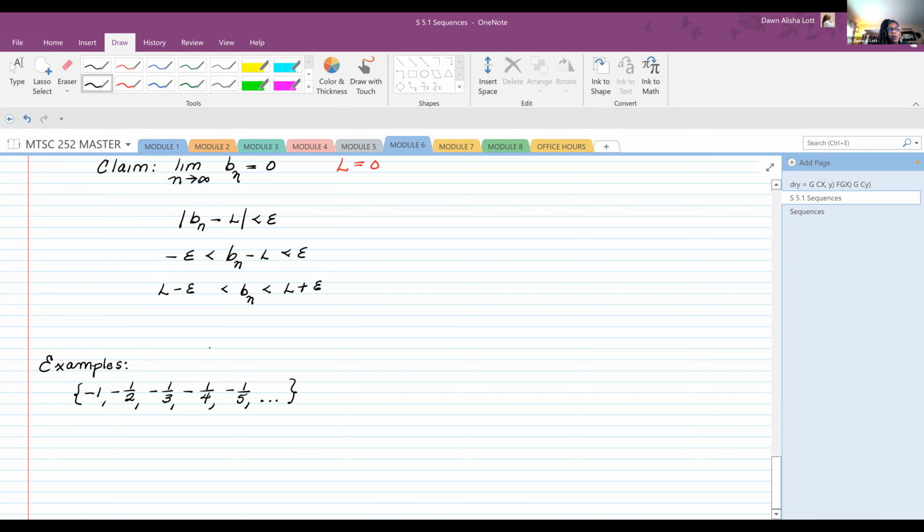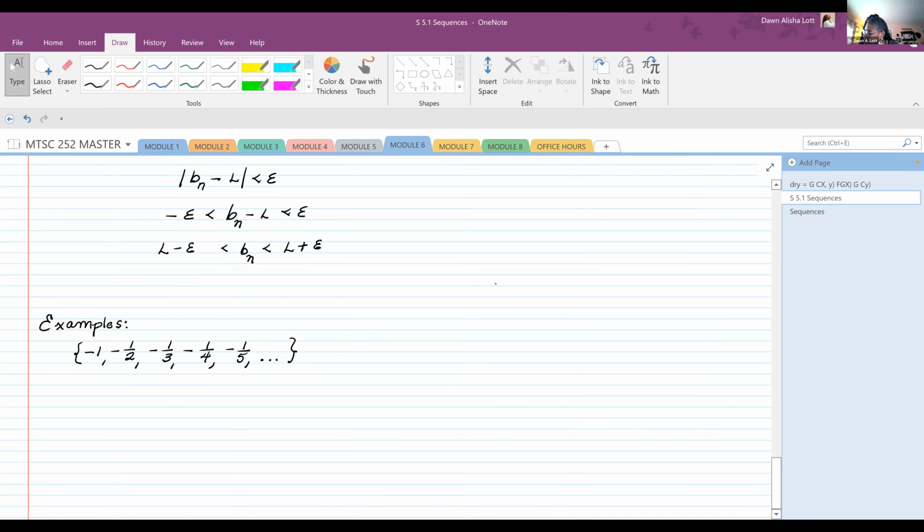Can you guys tell me what the form of the sequence is? a_n is equal to what? Anybody have an idea?